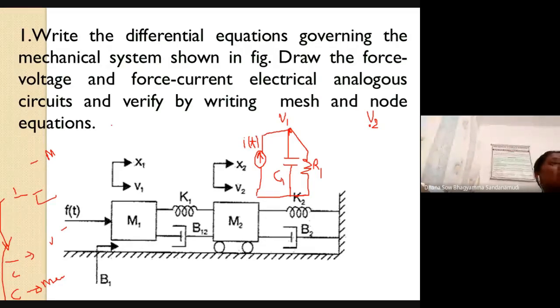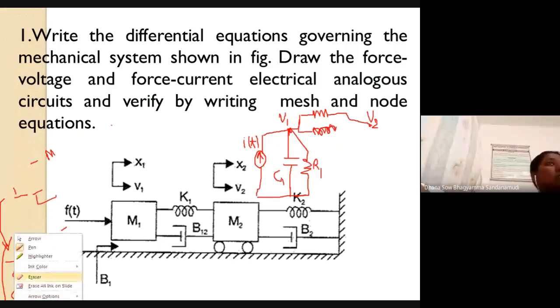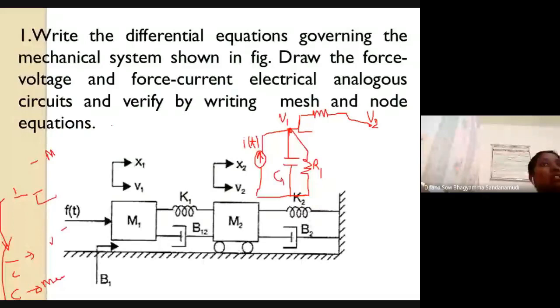So since it is 1 by R, these two elements will be connected in parallel. I'm sorry, that is resistance. This is inductance. So these two should be connected in parallel. Okay, this is R1.